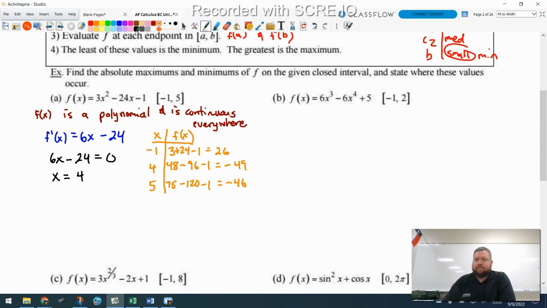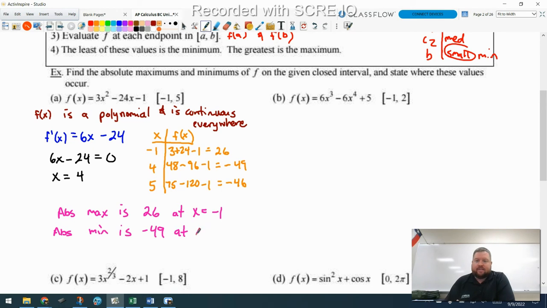Let's do that color. Absolute max. You can write it a couple different ways. So the absolute max is the y value, the biggest one, 26, and it occurs at x equals -1. And then the absolute min is the smallest number, -49.